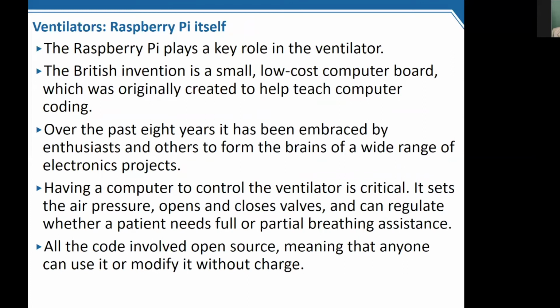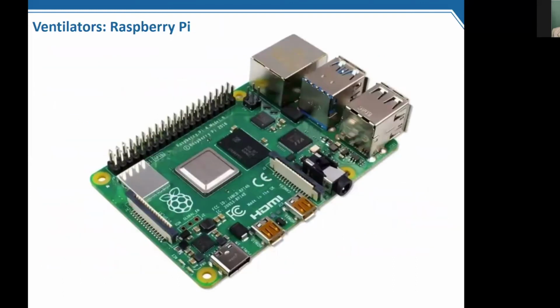Clearly, you all know a lot about the Raspberry Pi, so this slide here is just a reprise, but it has been very instrumental in furthering open source. And what I'm really proud about is how it's being used in the fight against COVID-19. Here's a picture of a Raspberry Pi.